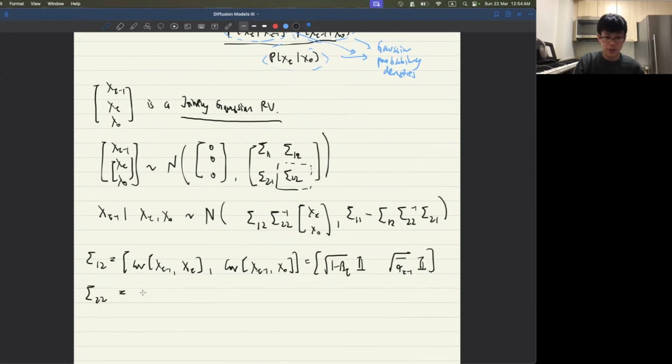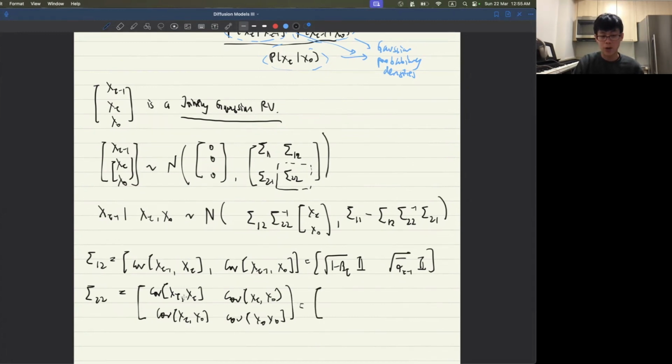For sigma 2, 2, we can do the same thing, right? This should be the covariance of xt with respect to itself, covariance of xt x0, covariance of xt x0, covariance of x0, x0. And this is equal to, well, the covariance of xt and xt should be I, right? Remember the invariance. So the covariance of a random variable with respect to itself is just the variance.